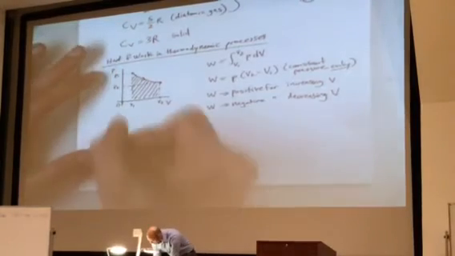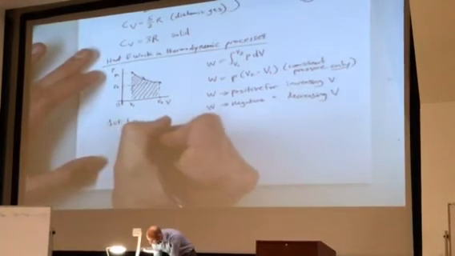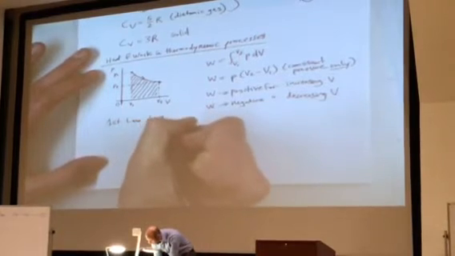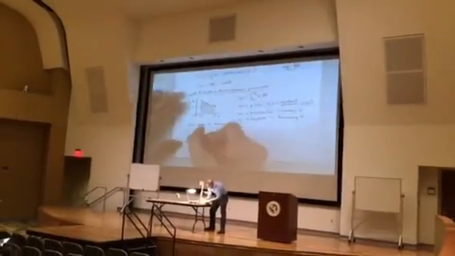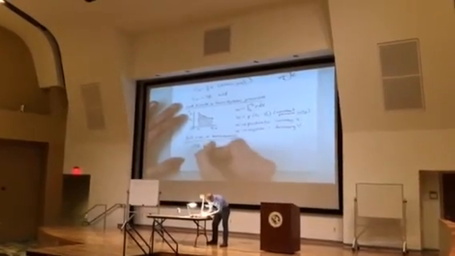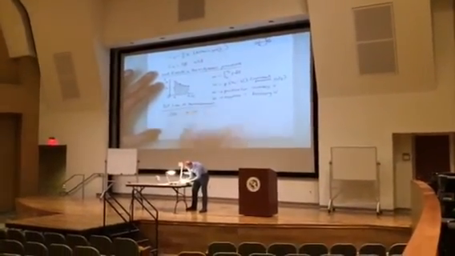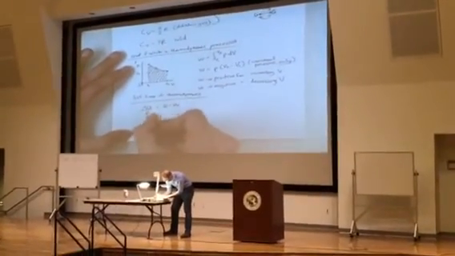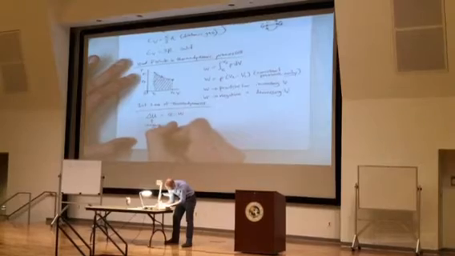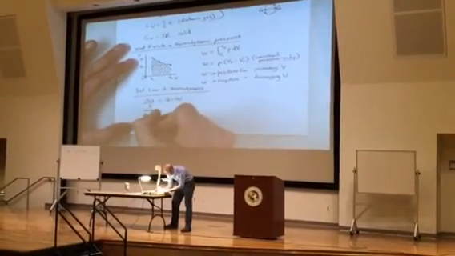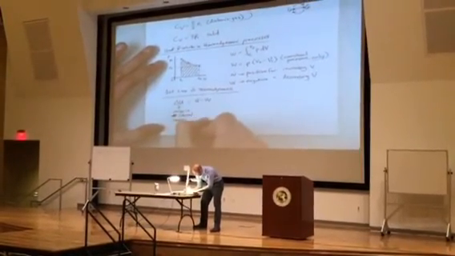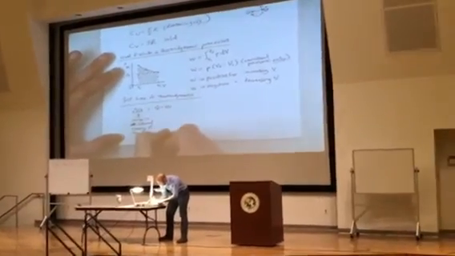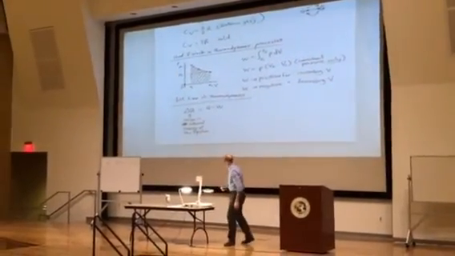So let's do the first law of thermodynamics. All right, so the first law of thermodynamics says that delta U is equal to Q minus W. Delta U is the change in the internal energy of the system.